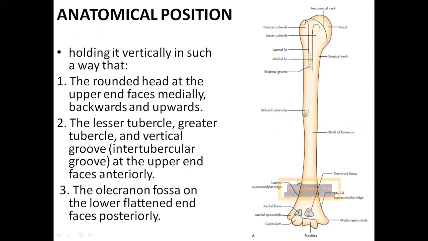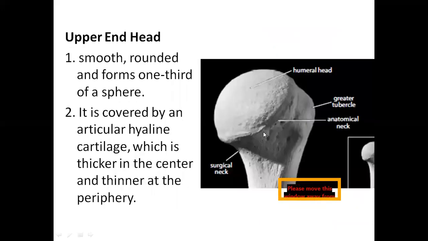The olecranon fossa has to come behind, posteriorly. That will help you rule out which is the anterior surface of the bone and which is the posterior surface. The upper end of the humerus is round and forms one third of a sphere. It is covered by hyaline cartilage, which is thicker in the center and thinner at the periphery.